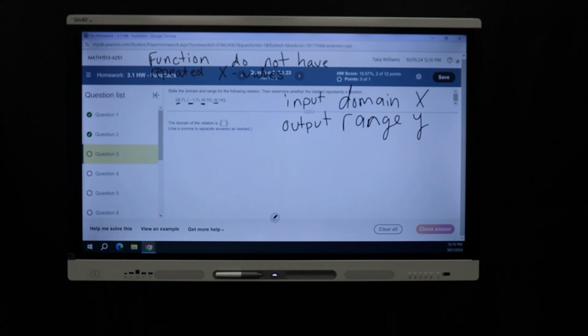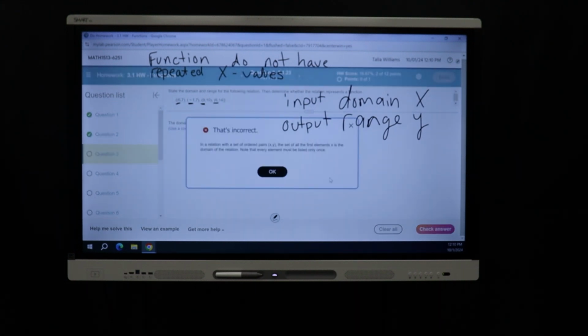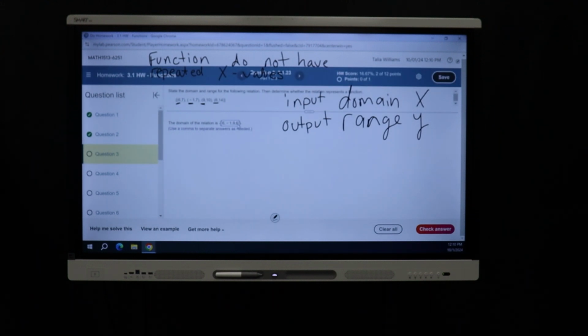So since they have the braces on here, you do not need to put parentheses or anything. We're just listing our x values. So 6, -1, 9. And this is what I don't know if they want, that extra 6 on here because it's repeated, but we'll check it. Okay. So do not repeat the value on it.